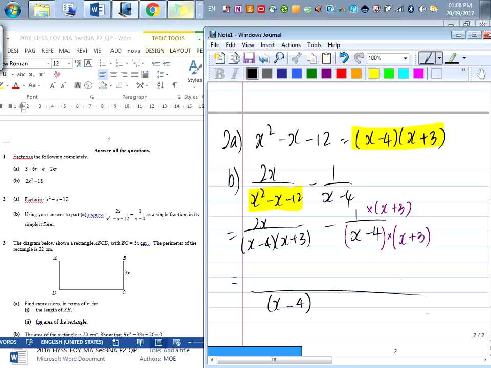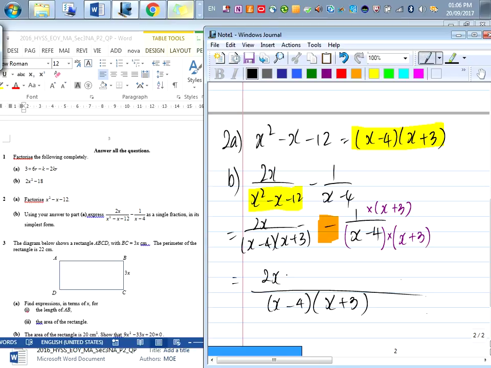x minus 4 times x plus 3. In my first fraction, I have 2x. Then, what do I have? This one. This is the trap that teachers want to set with a negative sign. If I set a paper, I also like to set this trap.